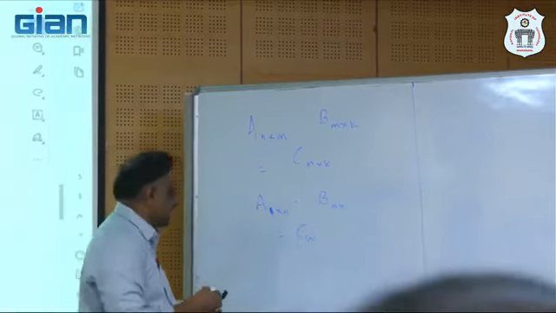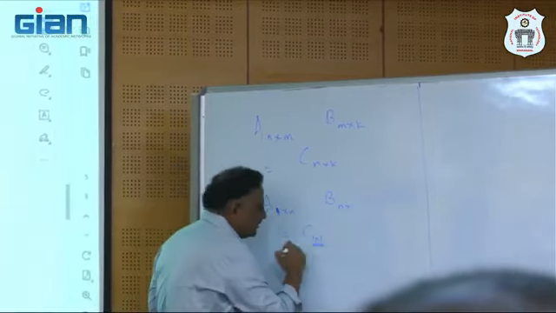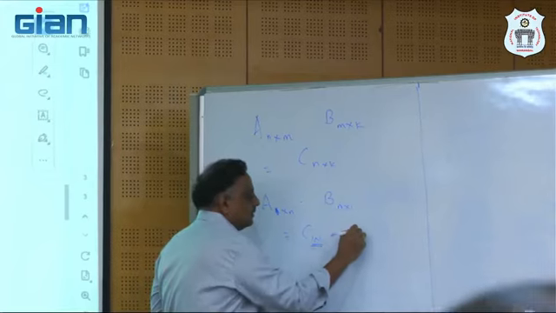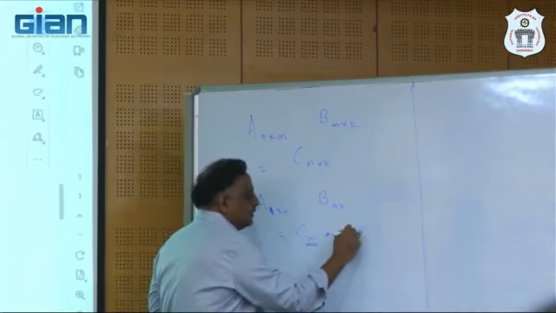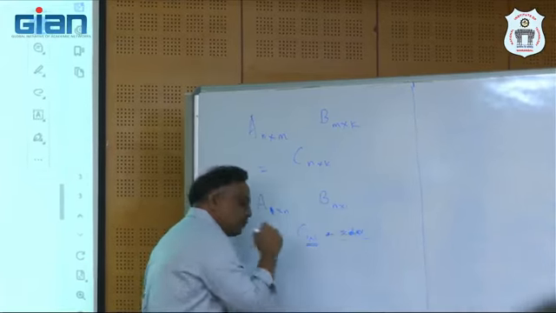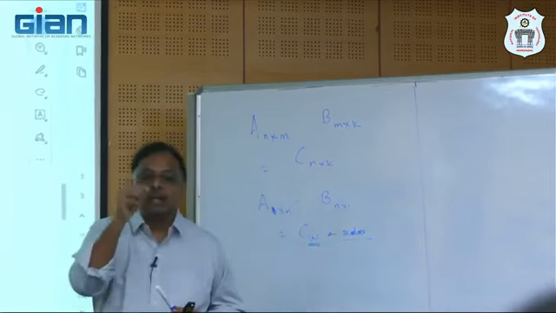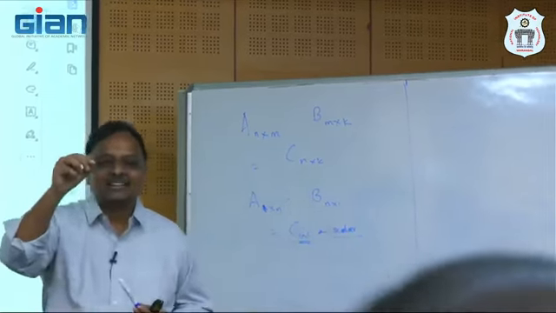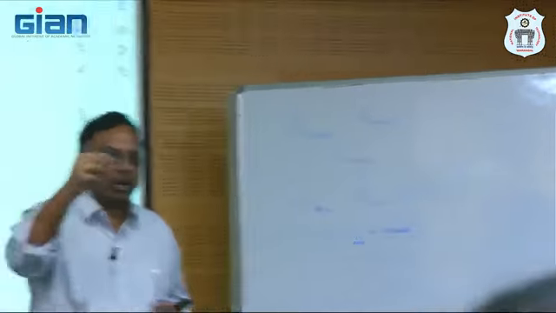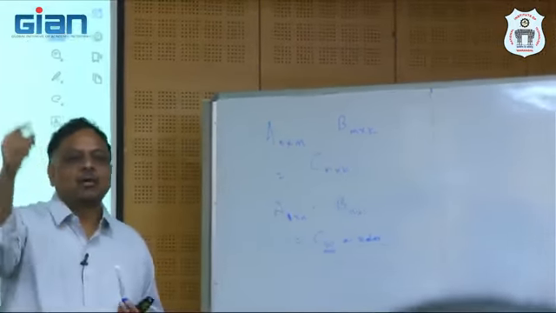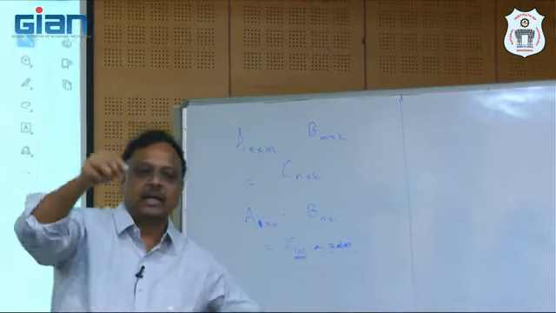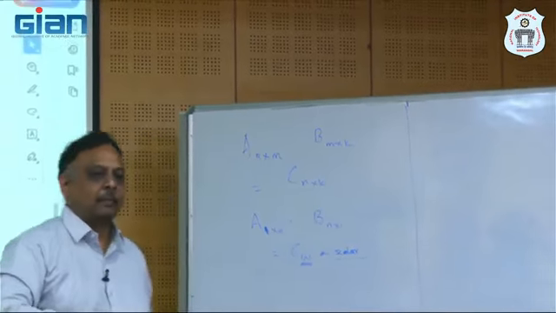Single number. This is scalar. 1 cross 1. If it is 1 cross 1, it is simply a number. Could be a complex number, but that is what we call scalar. Scalar is simply a number.